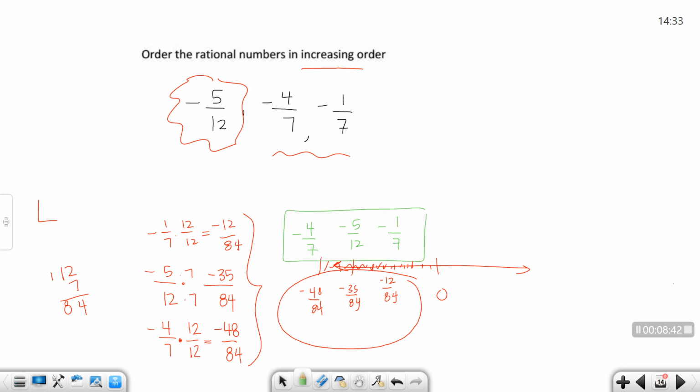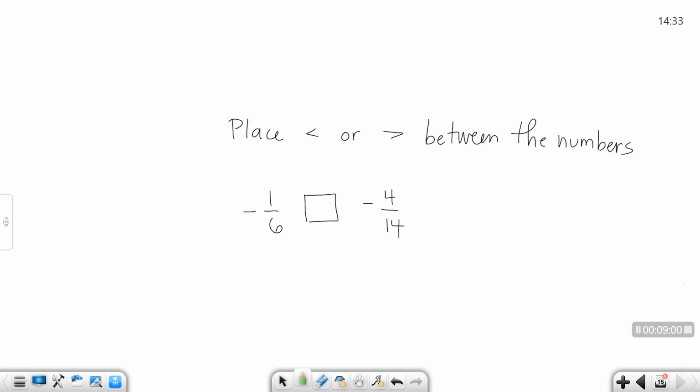So that's how they would go from least to greatest, increasing order. You'll say, but the numbers are bigger. This number's bigger, but remember it's in the negative direction. And so since it's in the negative direction, that's why you had to write them in that order.